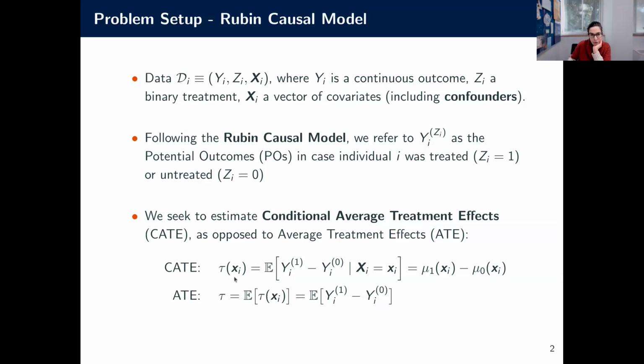So the conditional average treatment effect looks at this conditional expectation, which is the difference between treating and not treating a particular patient. It's essentially the difference between two functions of X, right? If you want to think about it mathematically, this is an expectation, so there is no distribution here. This is just the difference of two functions.